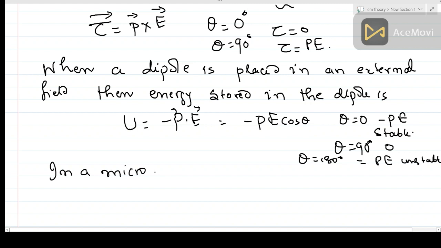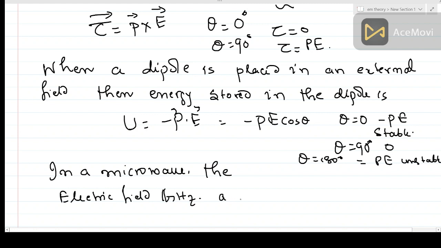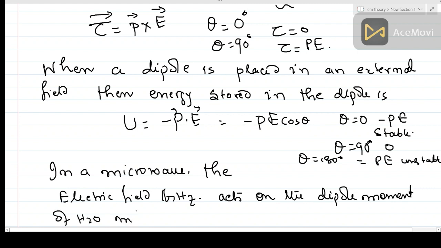In a microwave, the electric field, which has a frequency in the gigahertz range, acts on the dipole of the water molecule present in the food. And in this situation, what happens?